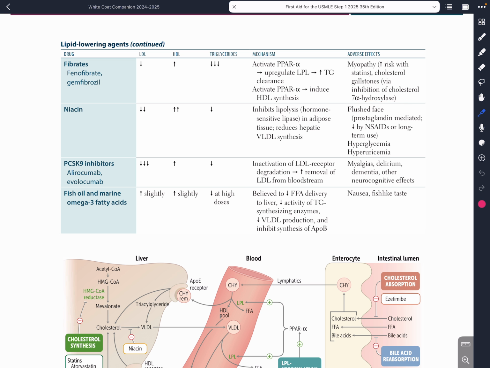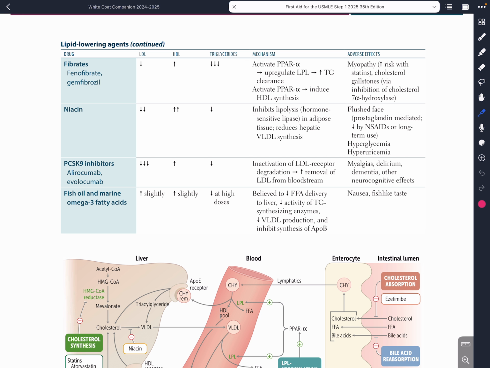Next lipid lowering agent is niacin. Niacin lowers LDL and increases HDL. Triglycerides are also lowered with the help of niacin. Mechanism of action of niacin is that it inhibits lipolysis, which is hormone sensitive lipase.